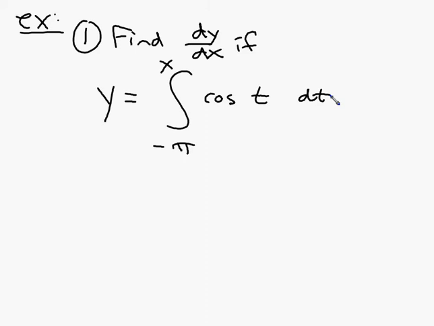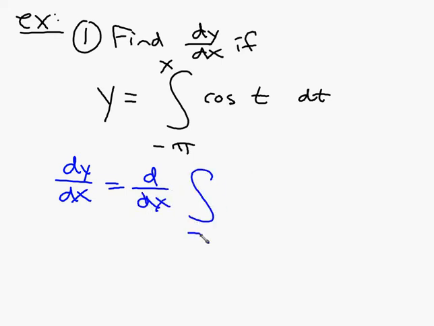Well, to find dy dx, isn't that finding the derivative? Right? So if I want to find dy dx, dy dx is the derivative of the integral. Okay, because y was defined as the integral of cosine. So if I want to take the derivative of it, according to the fundamental theorem of calculus, this is just the cosine of x.